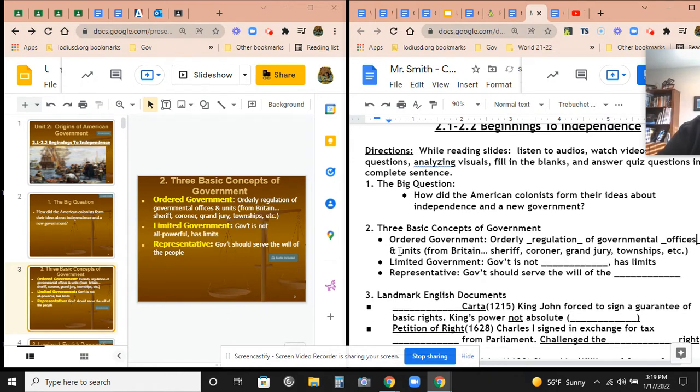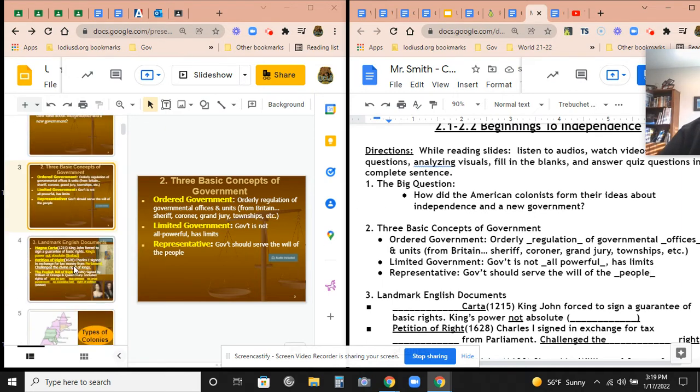Let's just clean that up there. Government is not all powerful. And it should serve the people. Those are the basic concepts.